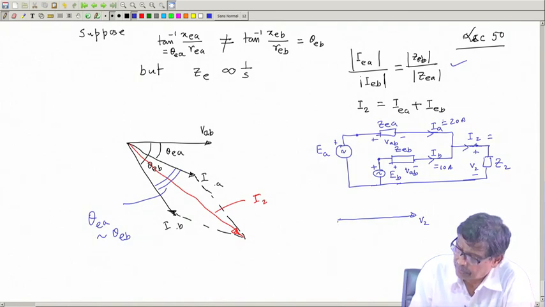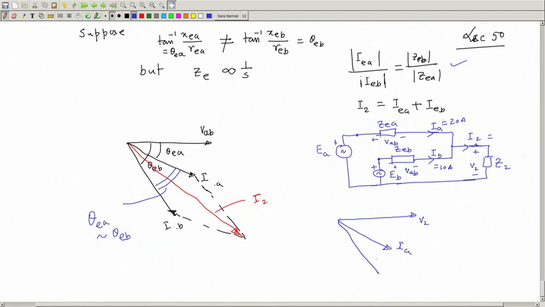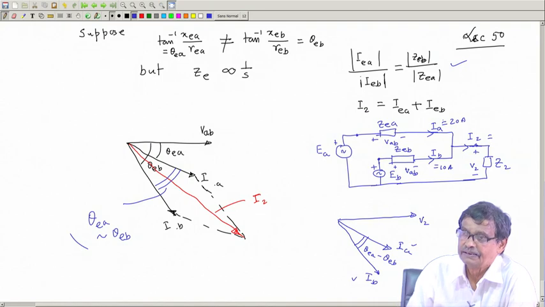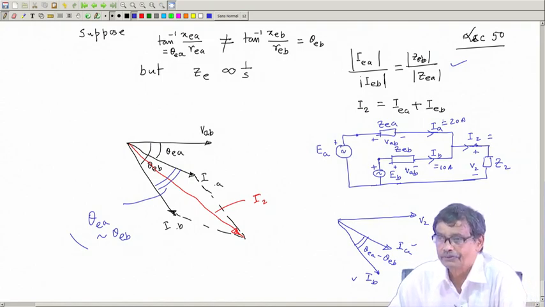So, suppose this current is IA and the other transformer current is IB, such that this angle is this one. Are you getting? Theta EA minus theta EB. Therefore, you can easily see the power factor at which this transformer and this transformer are operating is at different values.